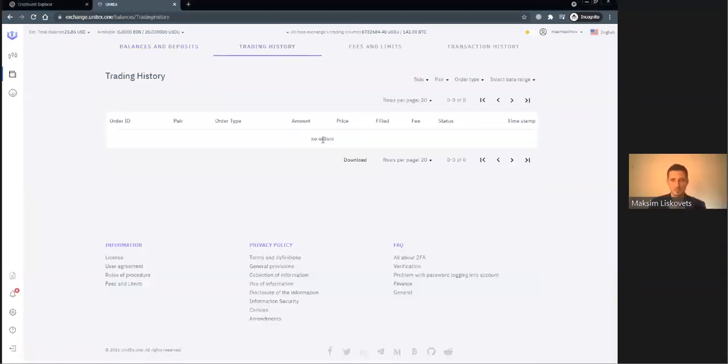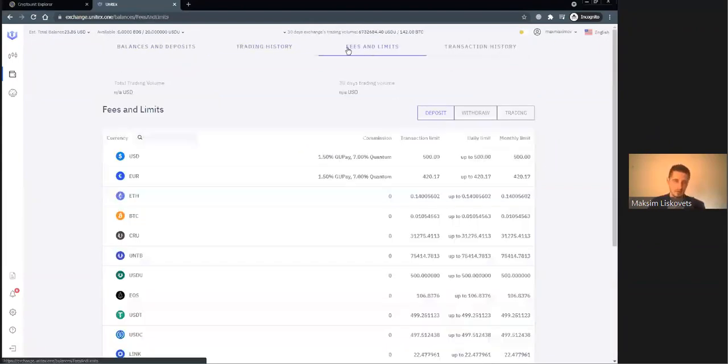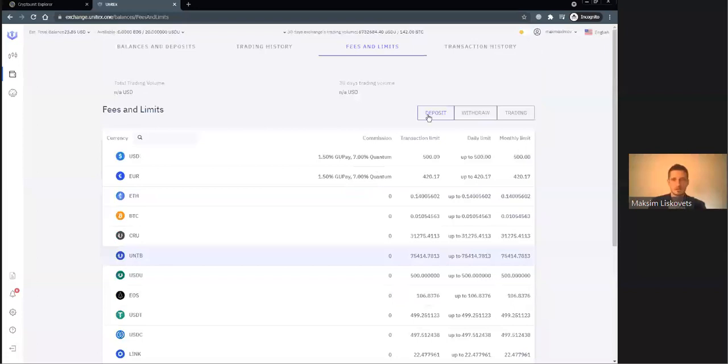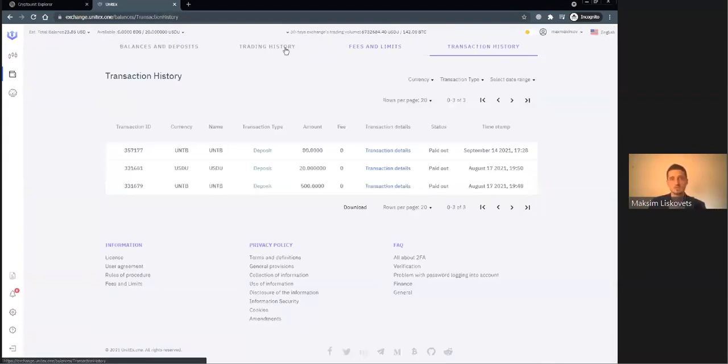And then you may see the history of transactions. You don't see anything for the time being. Then there are fees and limits. You may get to know them. We will not give a deep dive into this. And there is the trading history, which is the history of your trading if you trade.